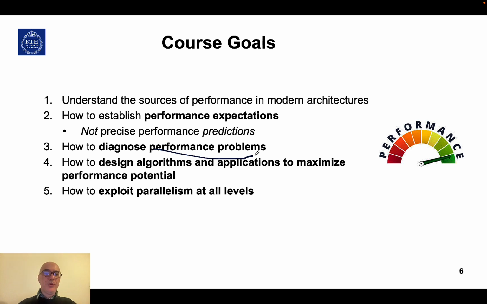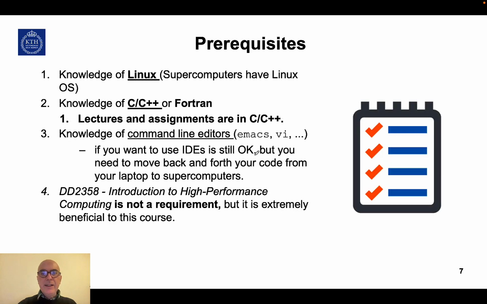What are the prerequisites for this course? So what do you need before starting this course? You will need knowledge of Linux operating system commands, and the reason for that is that supercomputers use the Linux operating system. In addition, you will need a basic knowledge of C or C++ or Fortran.